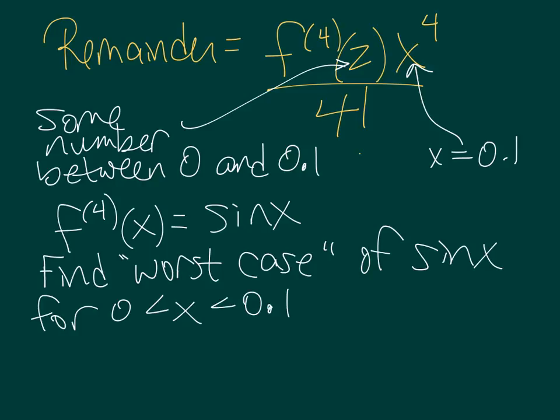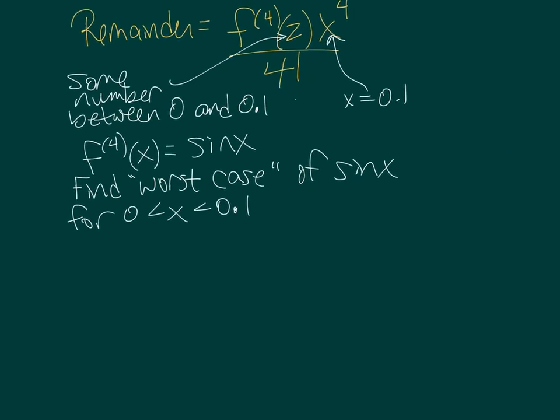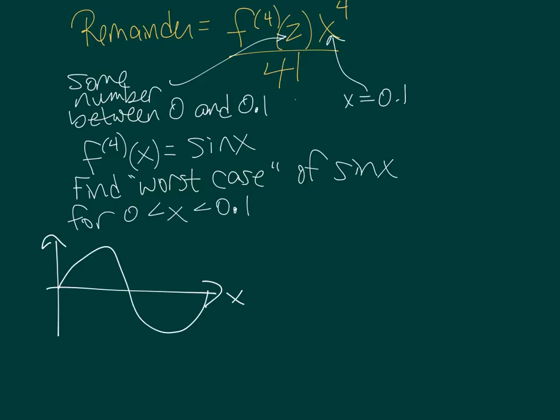And there are two ways to think about this. One thing to think about is that sine x is an increasing function from 0 up to pi over 2. Pi over 2 is about 1.57. So the worst case that sine x could be is sine of 0.1. But we still don't know how much sine of 0.1 is.